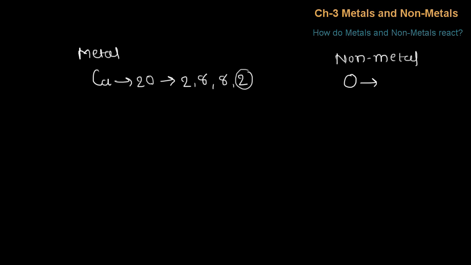Its atomic number is 8 and its electronic configuration will be 2, 6. Now we introduce the octet theory. What is octet theory? Any atom wants 8 electrons in its valence shell. Here in calcium's valence shell there are 2 electrons and in oxygen's valence shell there are 6 electrons.